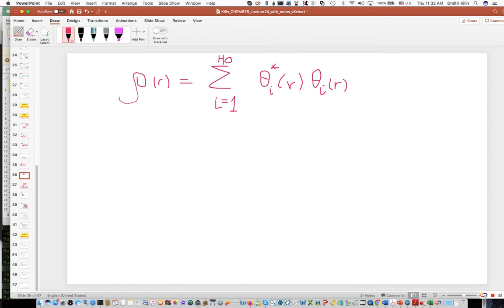Now, I am going to make a little trick to write the same equation but in a different form. What if I want to set the summation in this equation not until HOMO but until infinity? Can I do it this way?